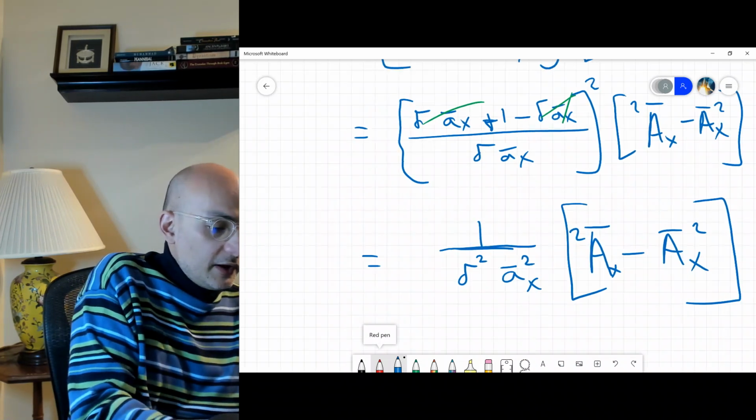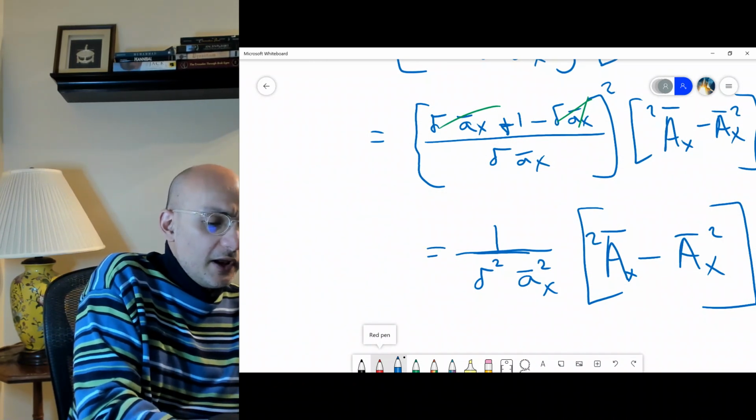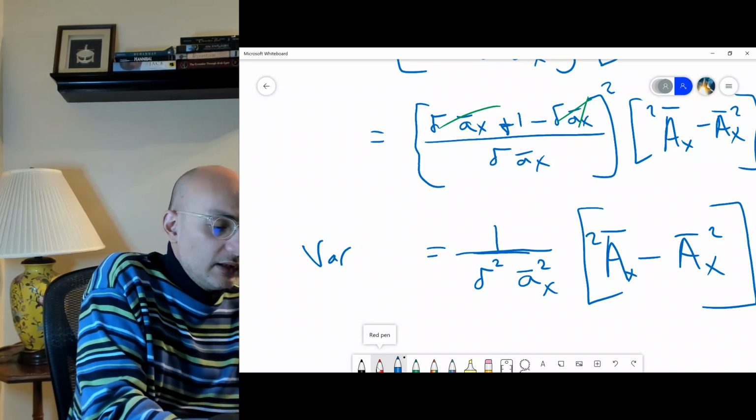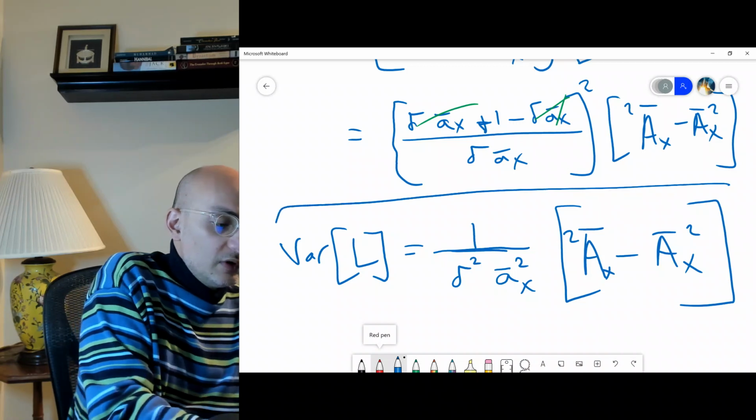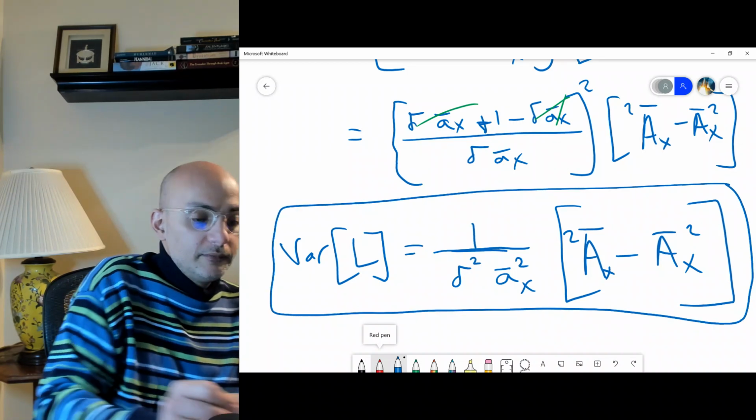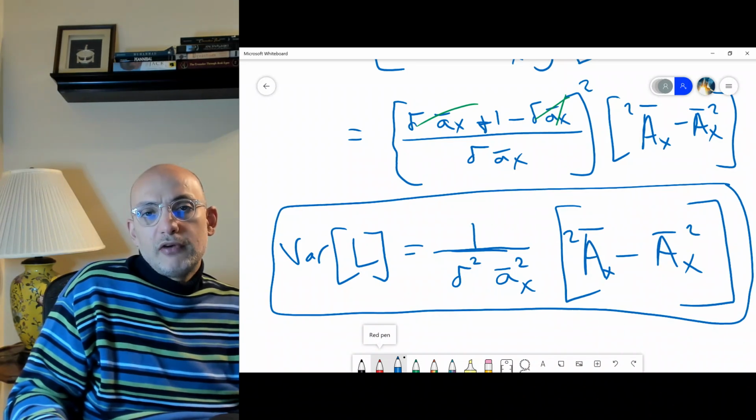And this is another formula. There are also other formulas, but at least those two should help you get through almost any question. Right, so these are two for the variance of L.